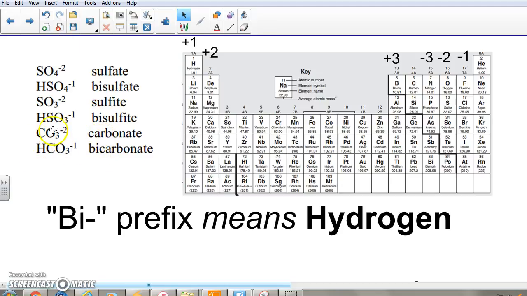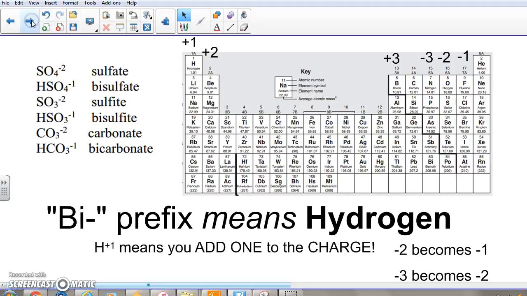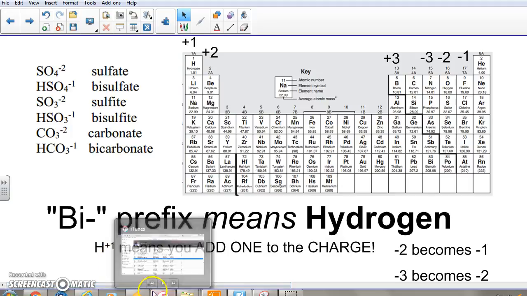But the other thing that you'll see is the charge changes. Sulfate, we made a big deal in the past about how the charges never change in these little families. Well, that changes now with the hydrogen prefix, because when you add a hydrogen ion to an ion, remember hydrogen itself has a +1 charge.